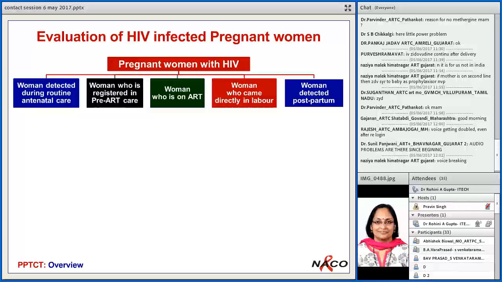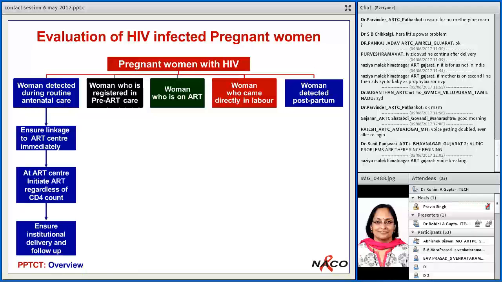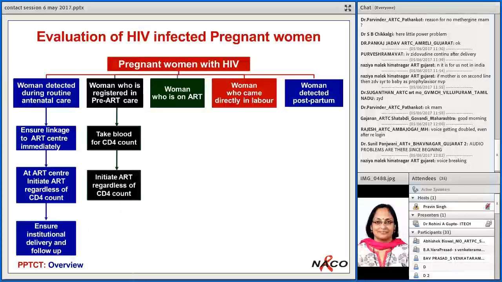So this is just a gist of how we evaluate an HIV infected pregnant woman who comes. If she is detected during antenatal care, we link her to the ART center. In the ART center, we take a sample for CD4 testing, but we initiate her on ART and counsel her for an institutional delivery.